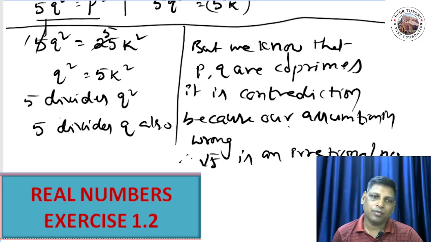Hence proved. This is the way we can prove that root 5 is an irrational number.